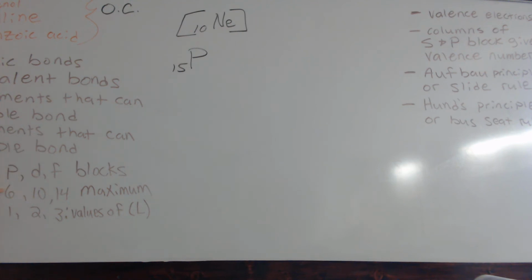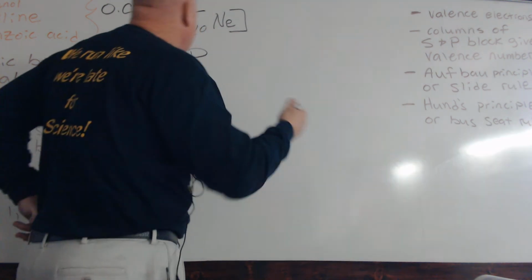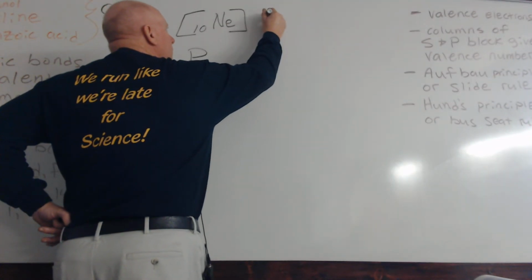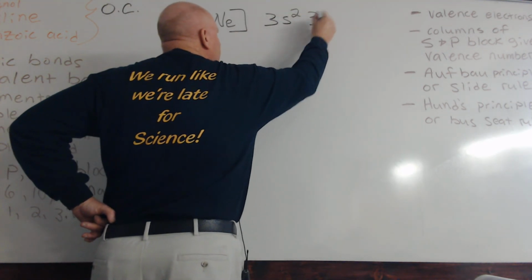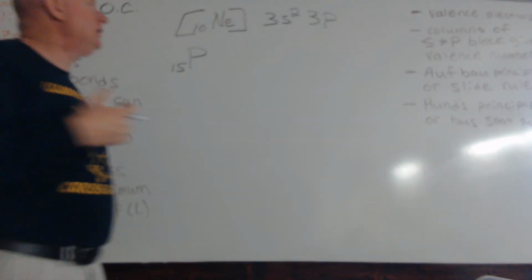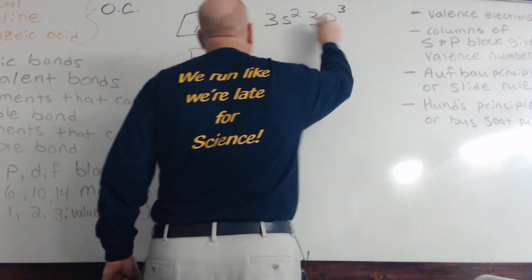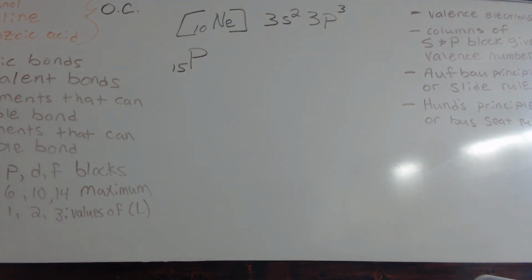That also explains part of the octet rule because it has the number 8 associated with it. So we move on and say 3s2 and then 3p, and it looks to me like it is 3. You just add 5 and 10, and that gives you 15, so that would have to be right.